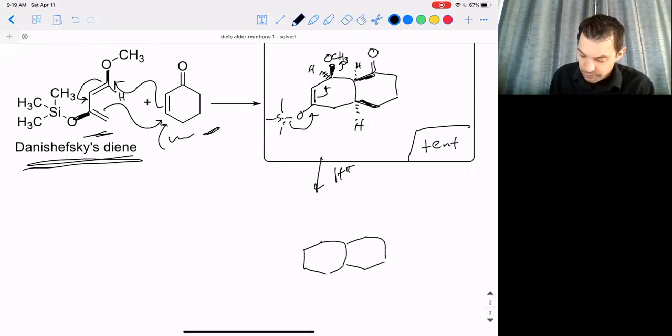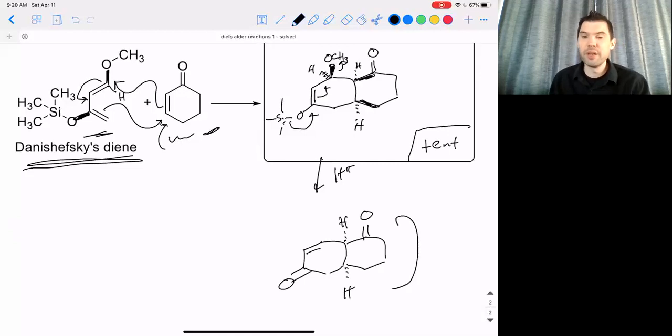And most commonly, you end up with an alpha-beta unsaturated ketone. Now, in this particular case, it's a little bit nebulous because we can enolize and move that double bond around, but it's more just illustrative that you can get this kind of elimination after the Diels Alder reaction.